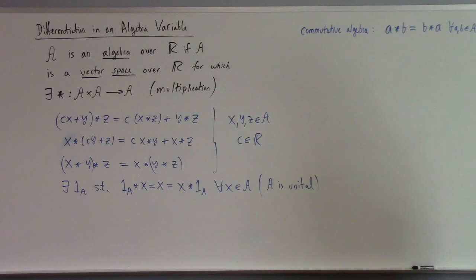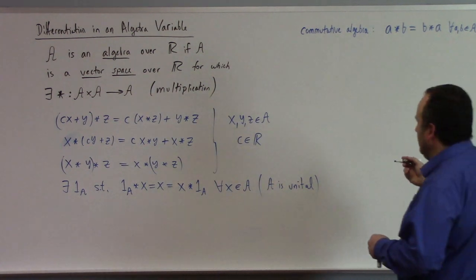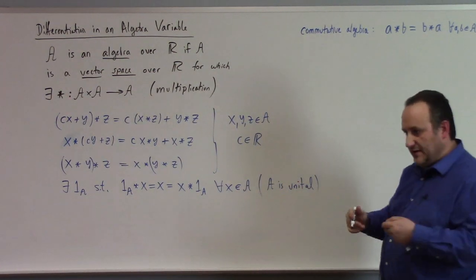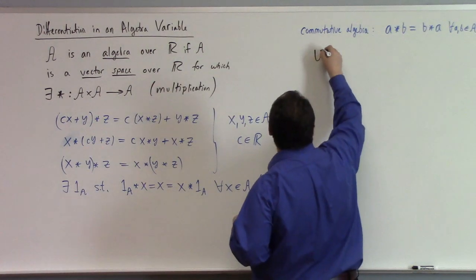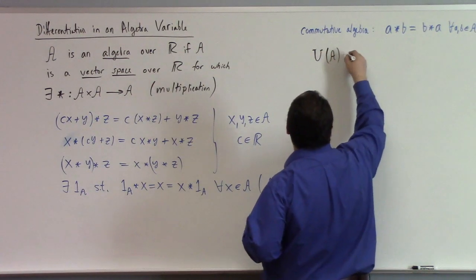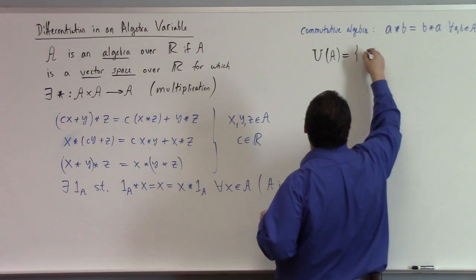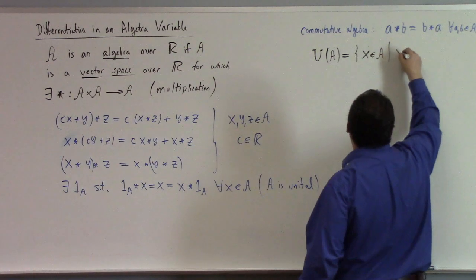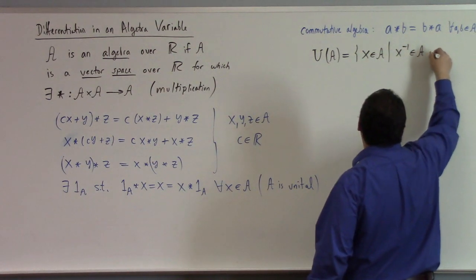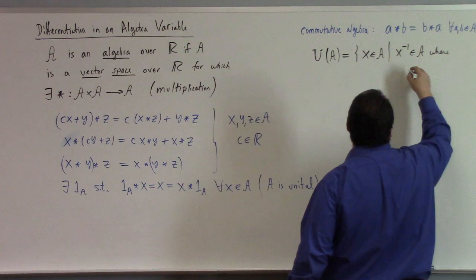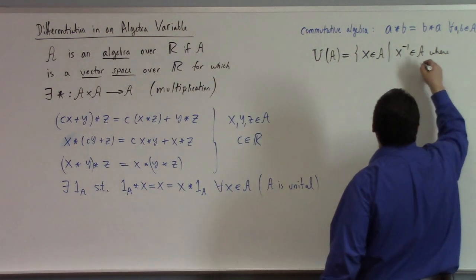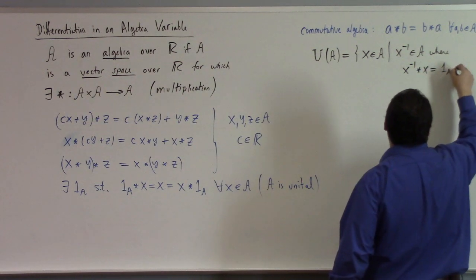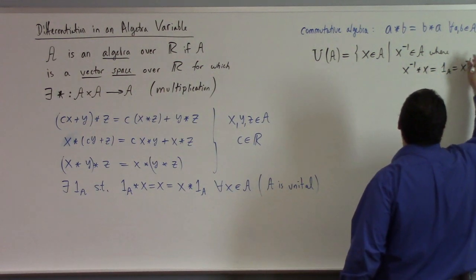While I'm at it, this is not part of the definition of an algebra, but this is just fun to study for an algebra. U of A would be the set of x in the algebra such that x inverse is also in the algebra, where x inverse times x is the 1 in the algebra, and of course that's also x times x inverse.